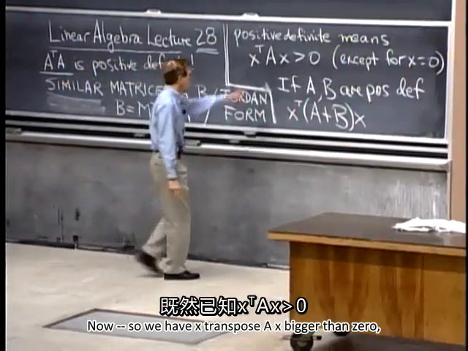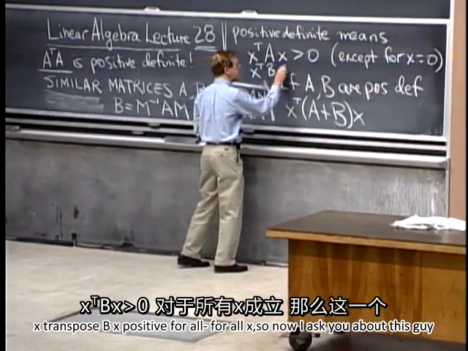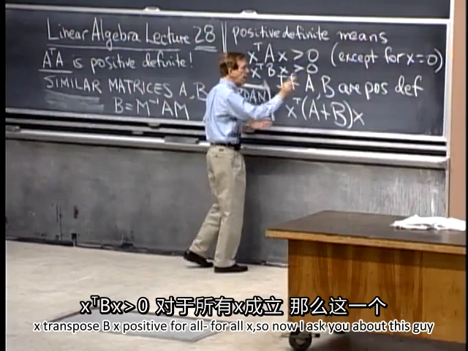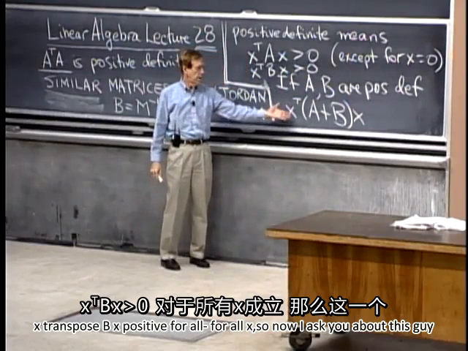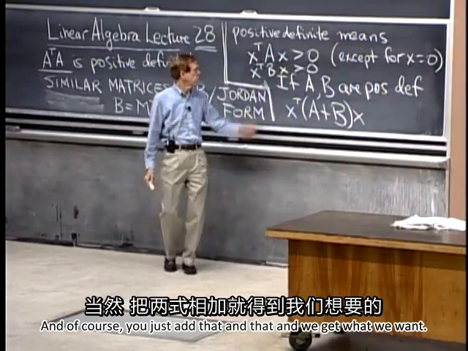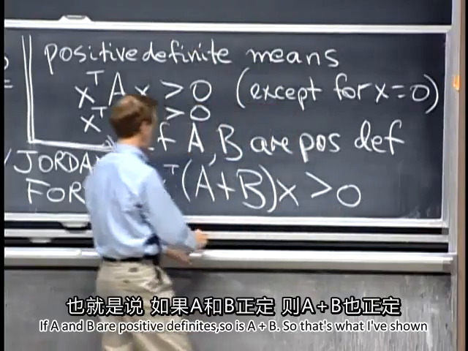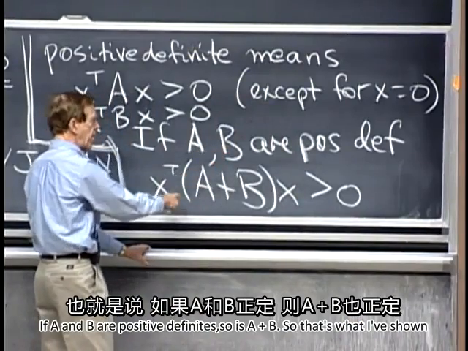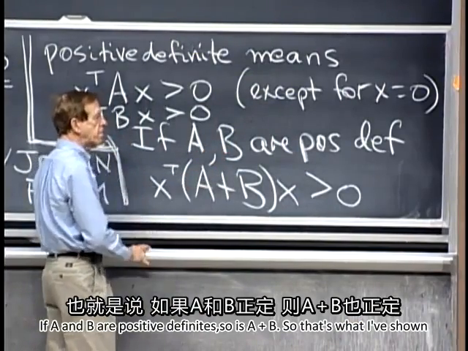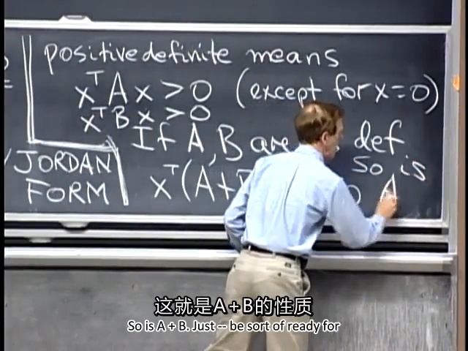Now, we have x transpose Ax bigger than 0, x transpose Bx positive for all x. So now I ask you about this guy. And of course, you just add that, and we get what we want. If A and B are positive definite, so is A plus B. So that's what I've shown.